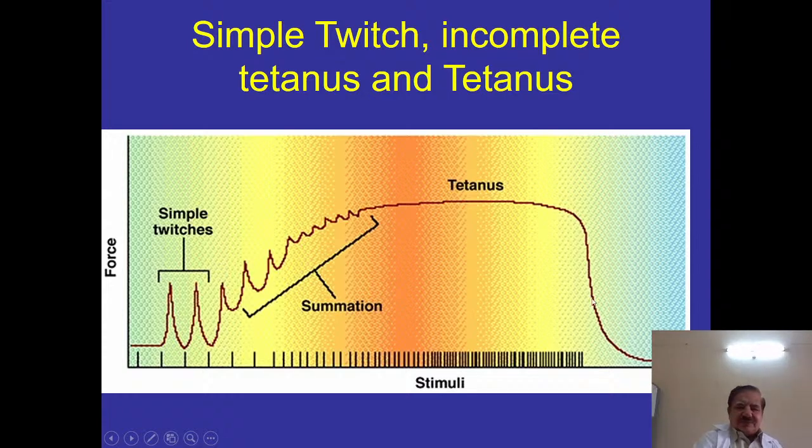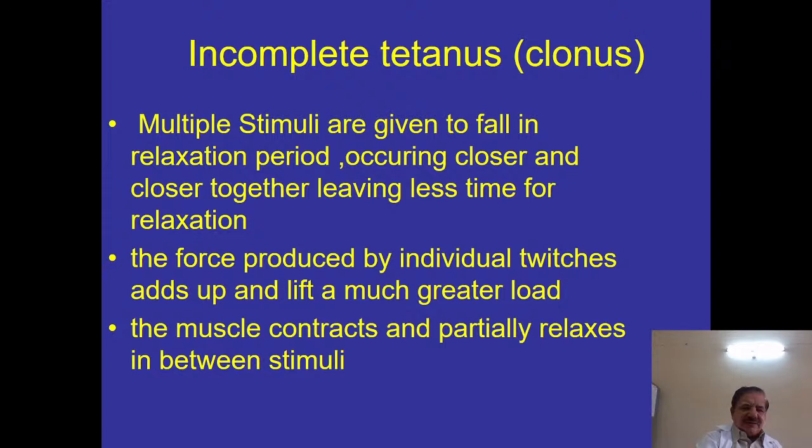So when you lift it up, it will fall when you don't stimulate it. So continuous stimulation in the contraction phase gives you tetanus. You get treppe when you are giving it in the relaxation phase, that is, before the ending of the relaxation phase and at the start of relaxation.